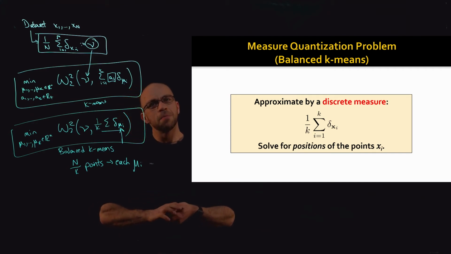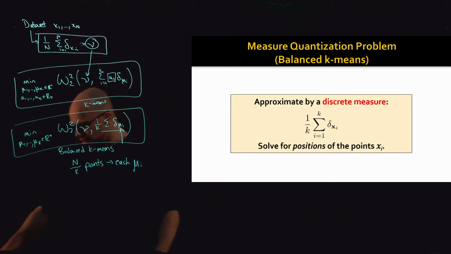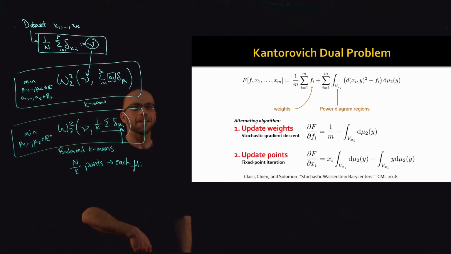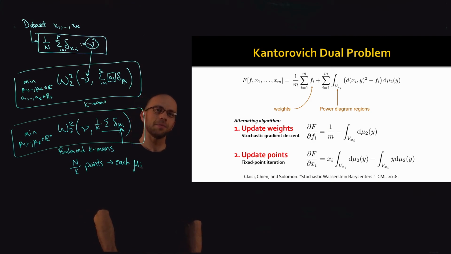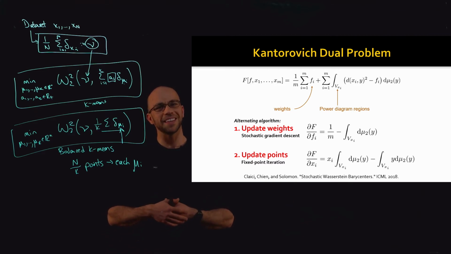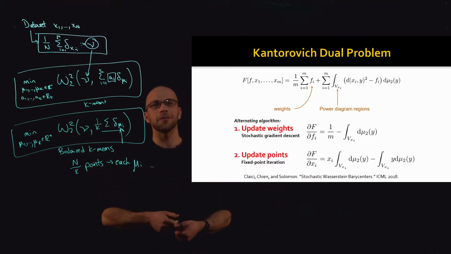Now, I think I'll omit it because I've already made a bit of a hash of this story, but there are algorithms for solving this optimal transport problem. Essentially, what they end up doing is basically modifying k-means in an interesting way. So here I've pointed you toward one stochastic technique that does that, where essentially you go back and forth between updating, in this case, the size of the cells in the power diagram.